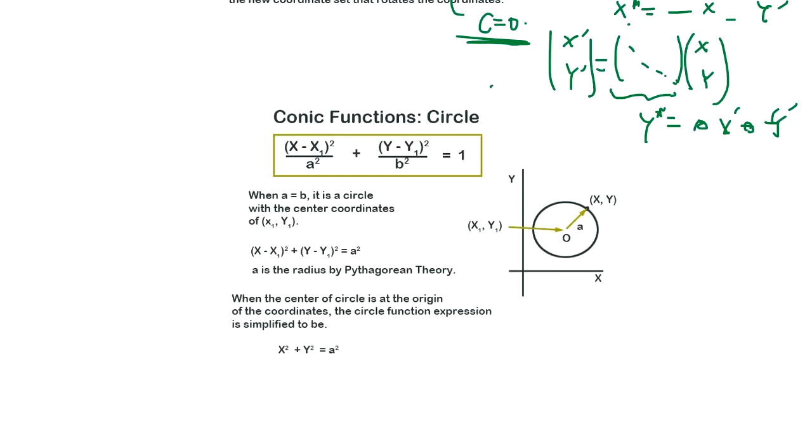The simplest form is when a and b are the same, then it becomes a circle, and x1, y1 here is the coordinate for the center point.